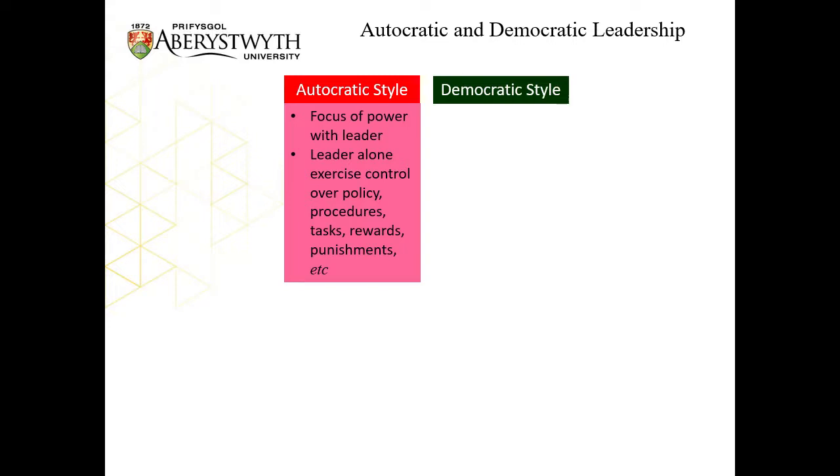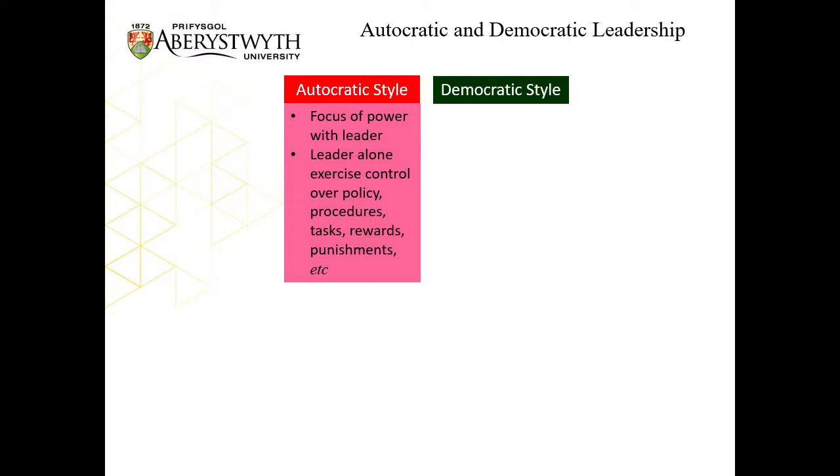And remember, we're looking at leadership styles which managers may use when managing an organization, a team, etc. In the autocratic style, as I've said, the focus of power is entirely with the leader. The leader alone exercises control over policy, procedures, tasks, rewards, punishments, in fact, obviously, everything that is decided within the organisation.